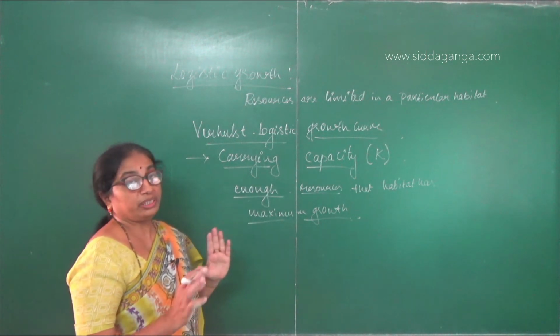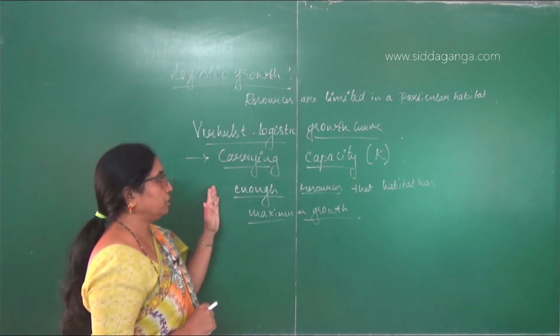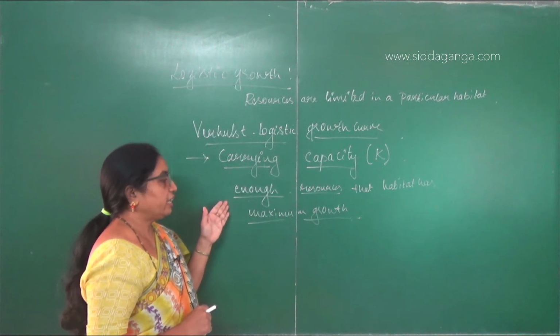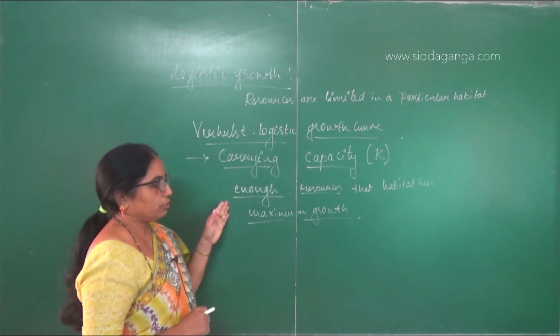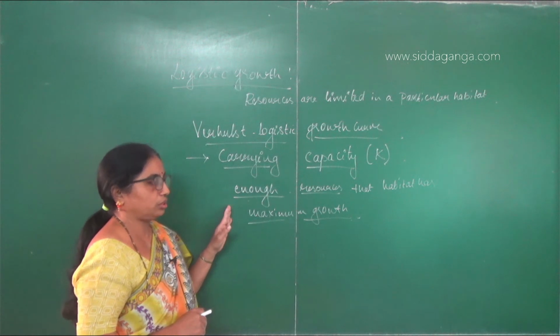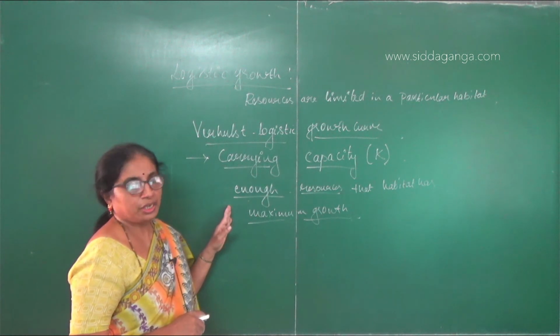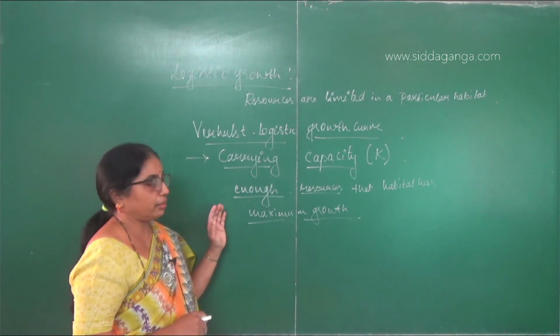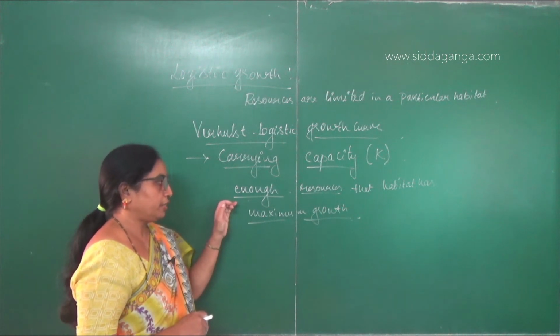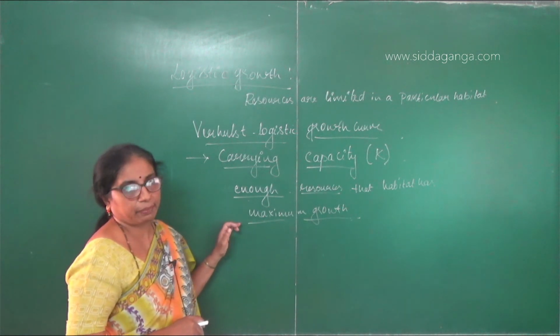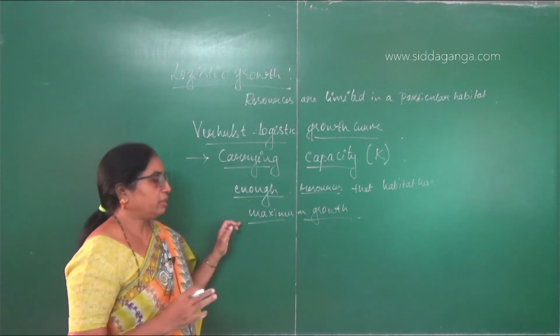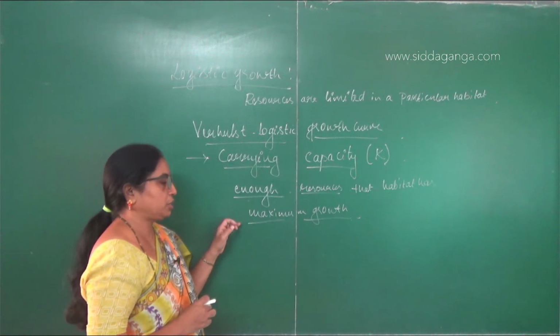Like this, there will be some sort of competition. So carrying capacity is having enough resources to support maximum growth in a particular habitat, not beyond the maximum growth that can happen there.